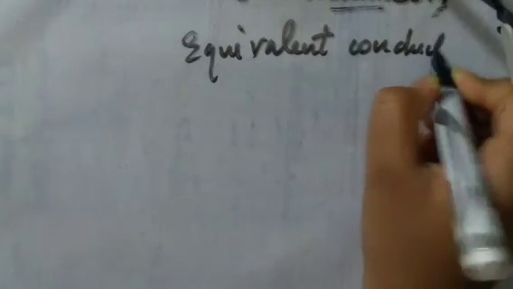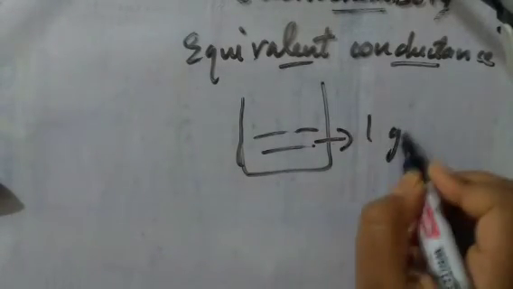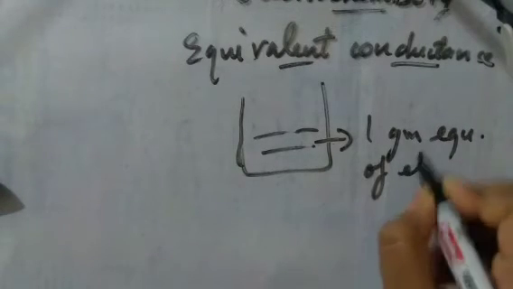Now we are going to study about equivalent conductance and molar conductance. First we'll study about equivalent conductance. So what is equivalent conductance? Suppose we are dissolving 1 gram equivalent of electrolyte in solution.